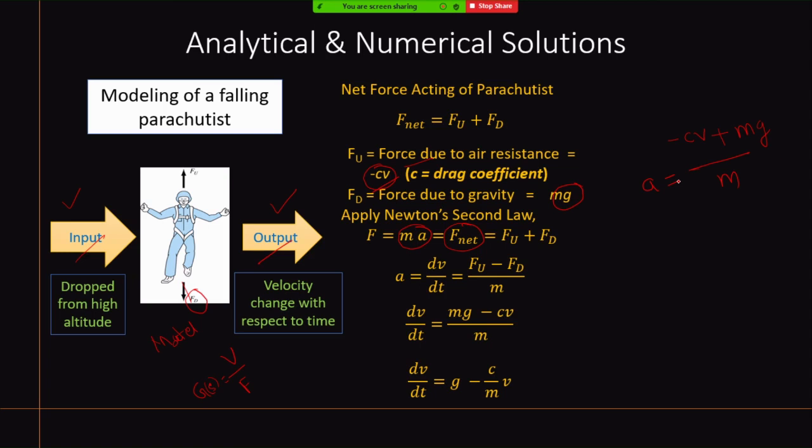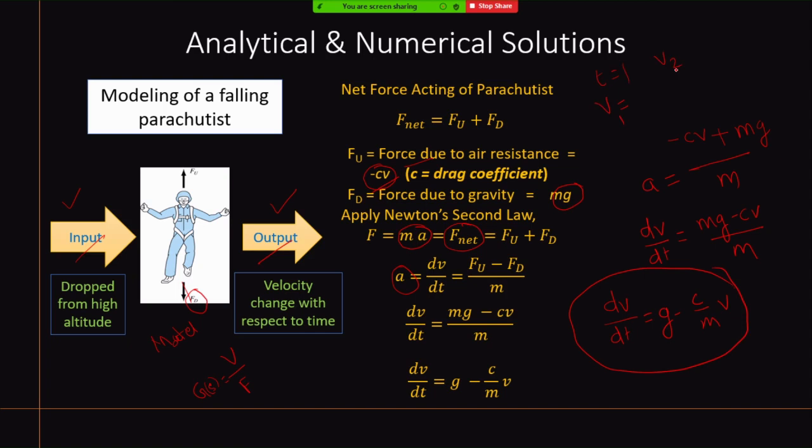So what does this indicate? This indicates the behavior of your parachute when it is dropped from a certain height. What is the change of velocity going to be with respect to time? I may have a time step equal to 1 second, and I can find the velocity at time 1, at time 2, then 3, like this.